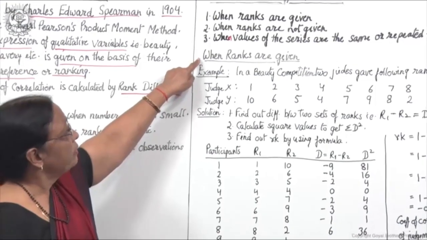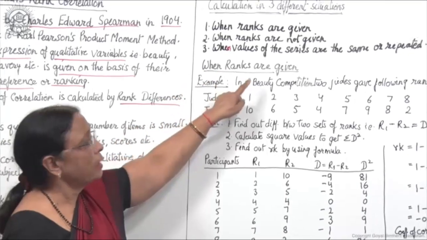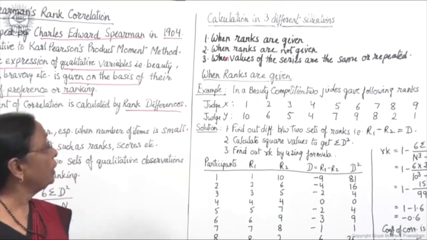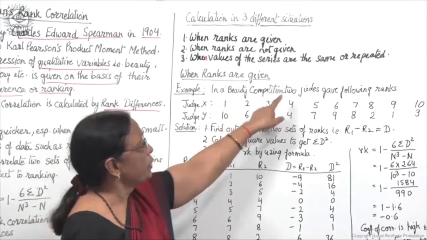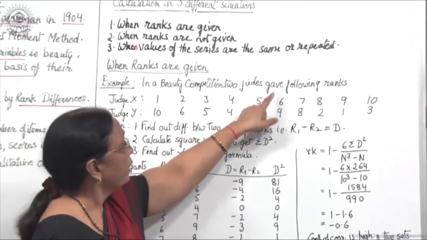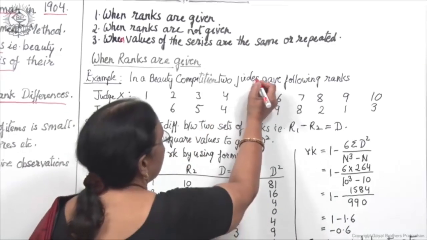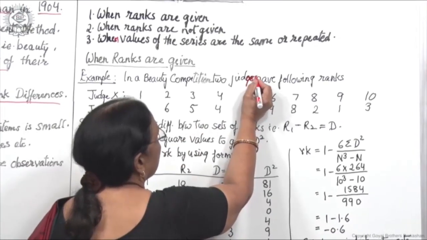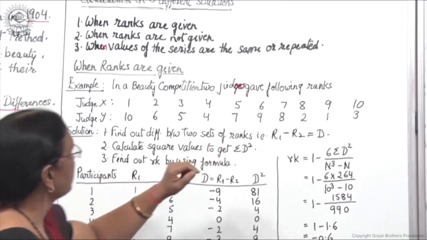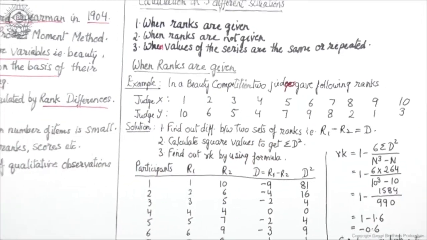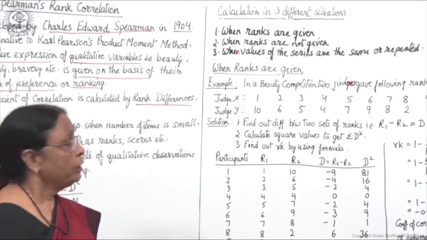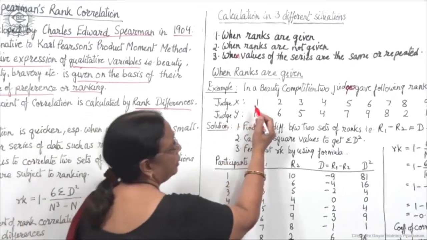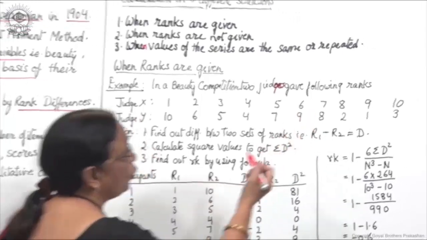Okay, we will take the first situation when ranks are given. Now here the example is, in a beauty competition, two judges gave the following ranks to 10 participants, Judge X and Judge Y, right? Now Judge X has given ranks in the same order.